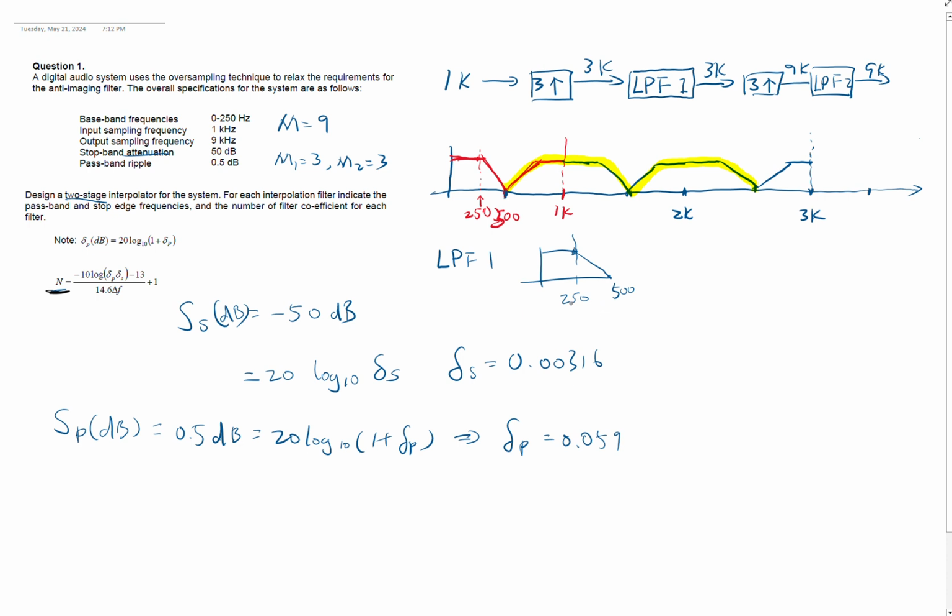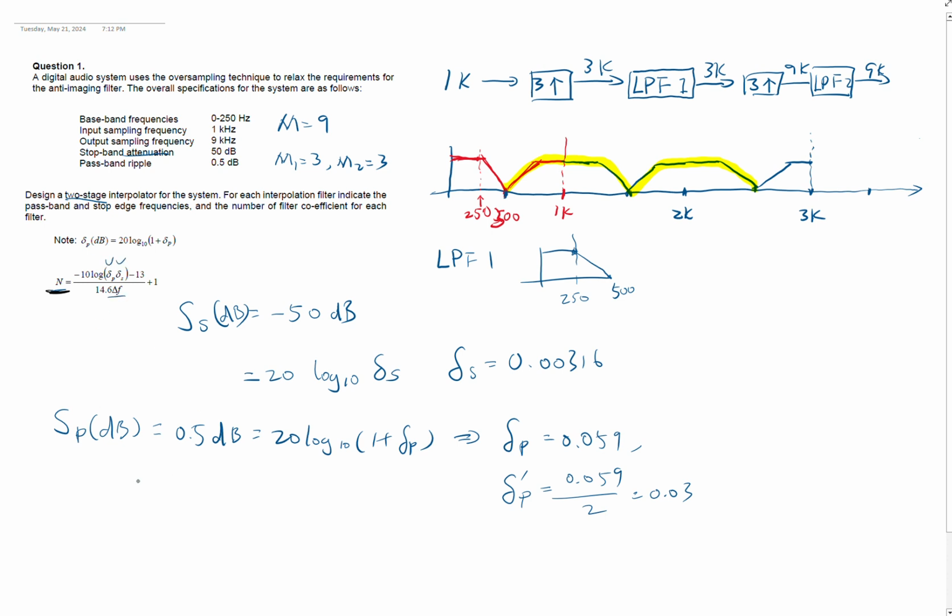Because there will be two filters, this passband attenuation will be split into two, so delta p hat equals 0.059 divided by 2, which is around 0.03. That's the delta.